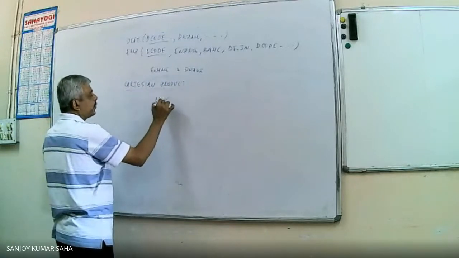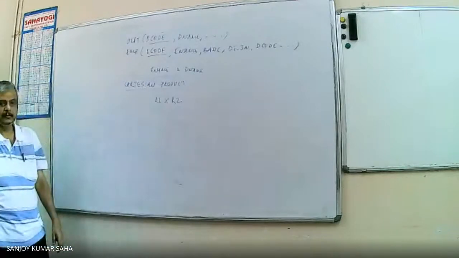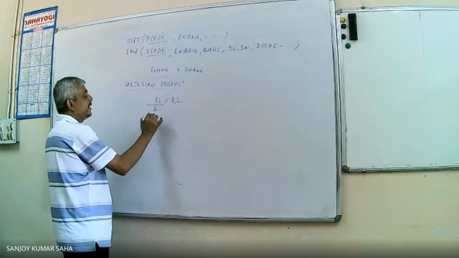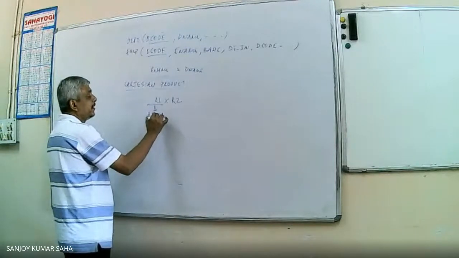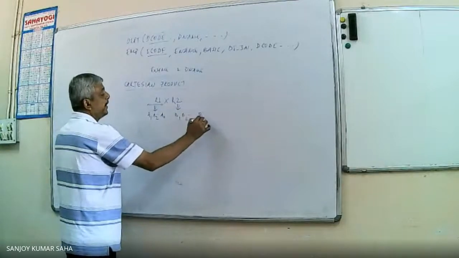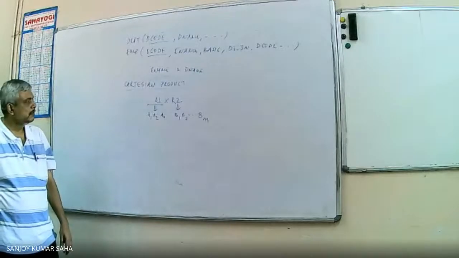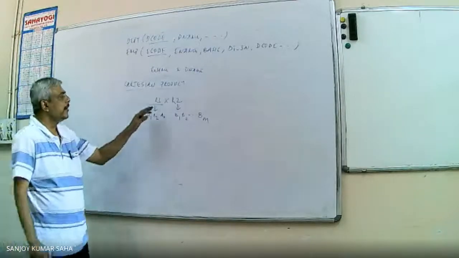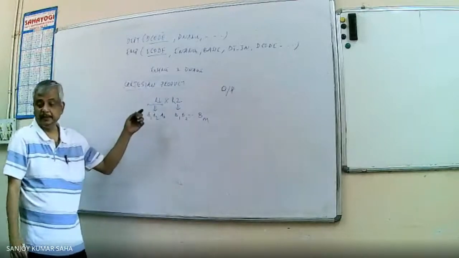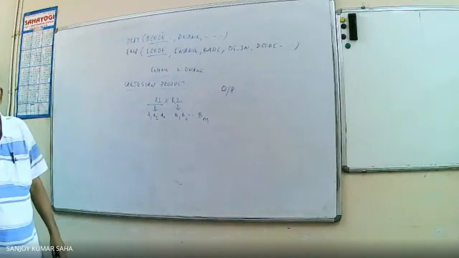Say R1 and R2 are two relations. Say this has the attributes A1, A2, AN. It has say B1, B2, BM. Then this Cartesian product, this is one example where the operation requires more than one relation.